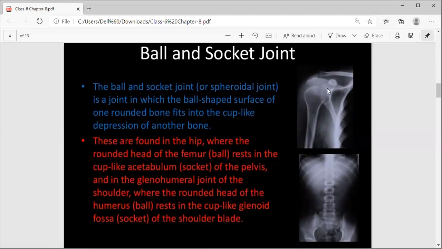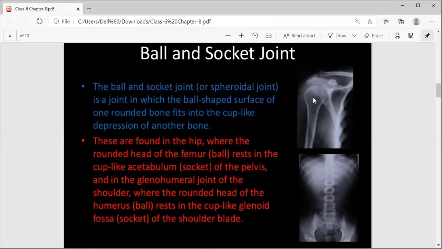This is a cup-like surface and this is a ball-like surface. This joint is present in the hip, where the rounded head of the femur rests in the cup-like structure.